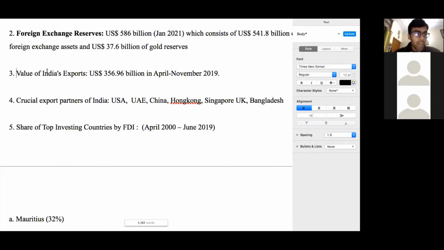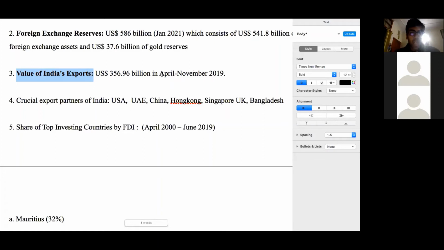We were moving on to the value of India's exports. India's exports in April to November 2019 were US dollar 357 billion.